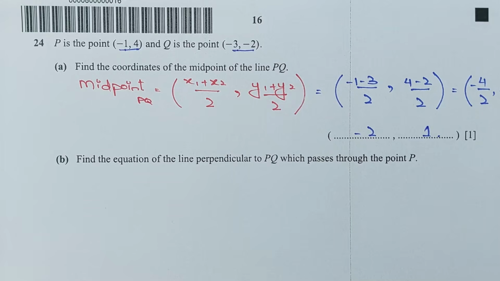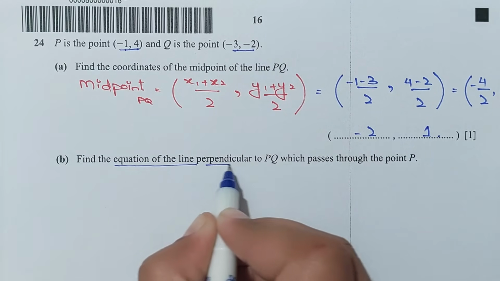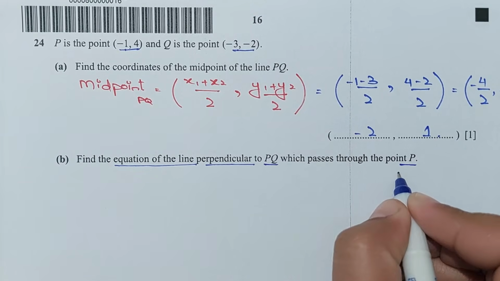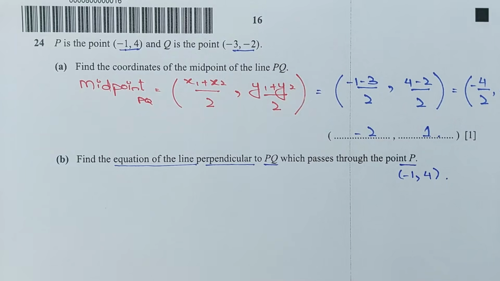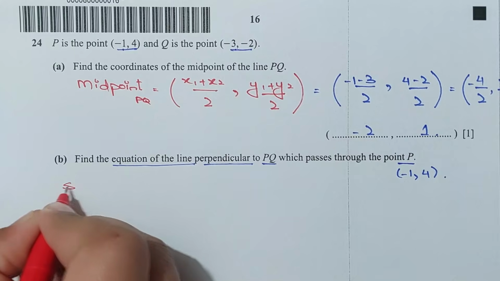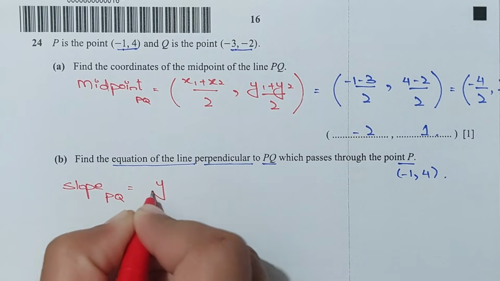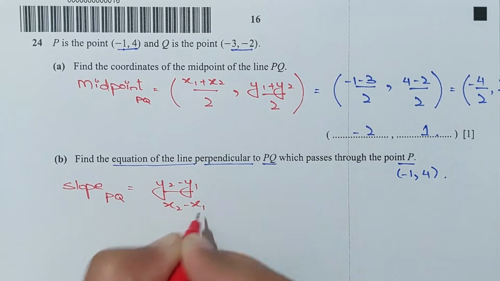Part B, find the equation of the line which is perpendicular to PQ and passes through the point P. P is the point -1 and 4. Okay, it is perpendicular, so first we need the slope of the line PQ. Slope of PQ, use the formula y2 minus y1 over x2 minus x1.